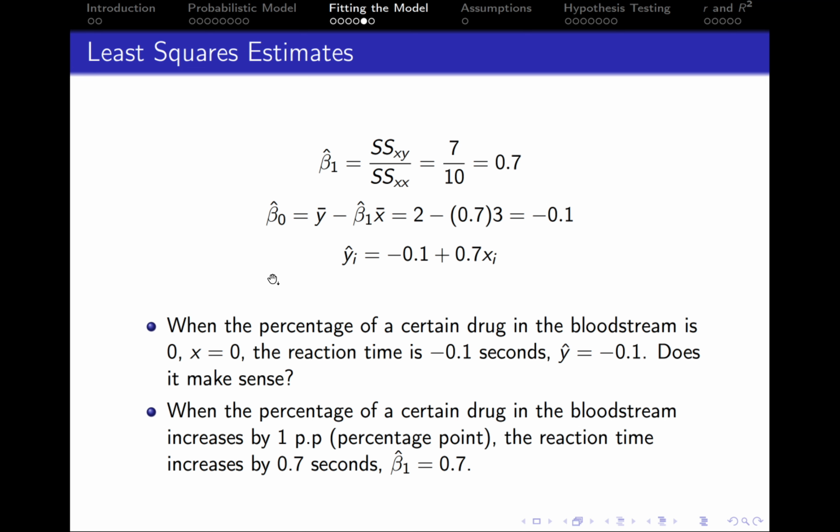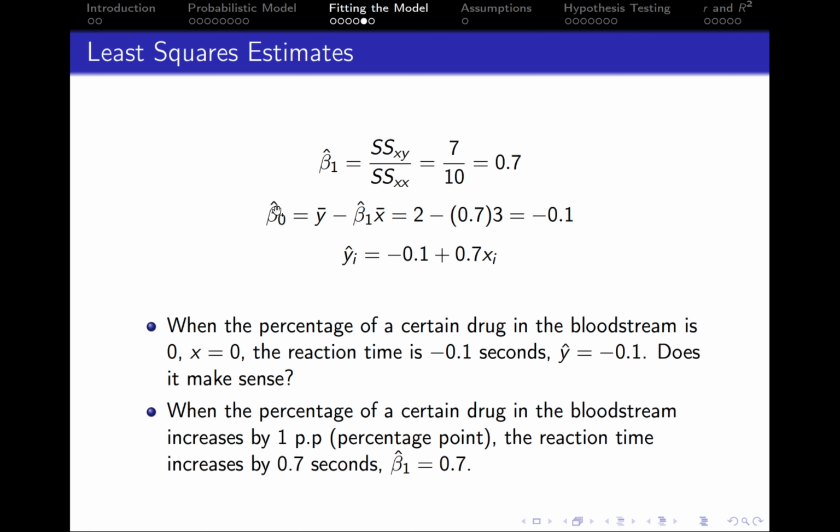To get the value of beta 0, we take the mean value of y and subtract beta 1 multiplied by the mean value of x. So 2 minus 0.7 multiplied by 3 is negative 0.1. And in the end, we get the final regression model. So the estimated y is equal to negative 0.1 plus 0.7 multiplied by x.